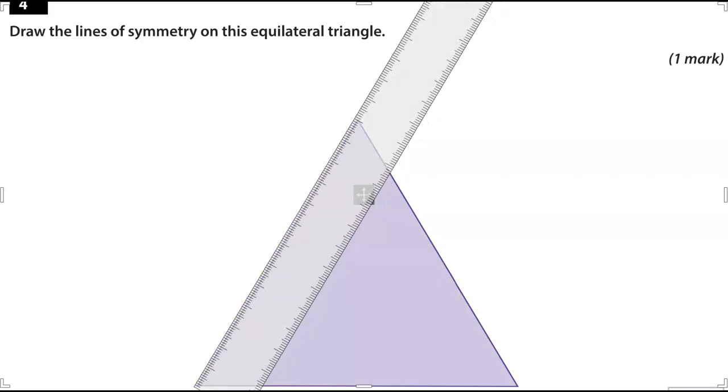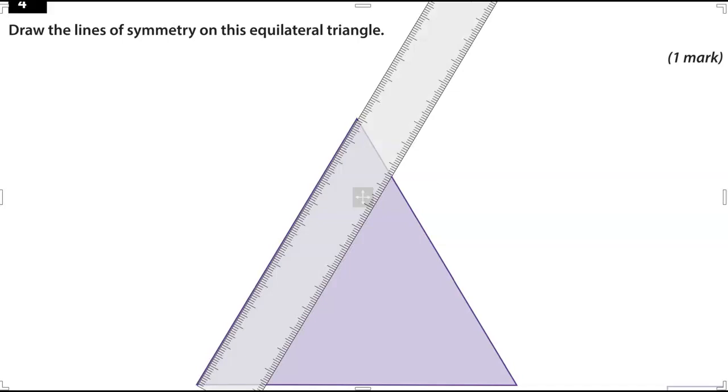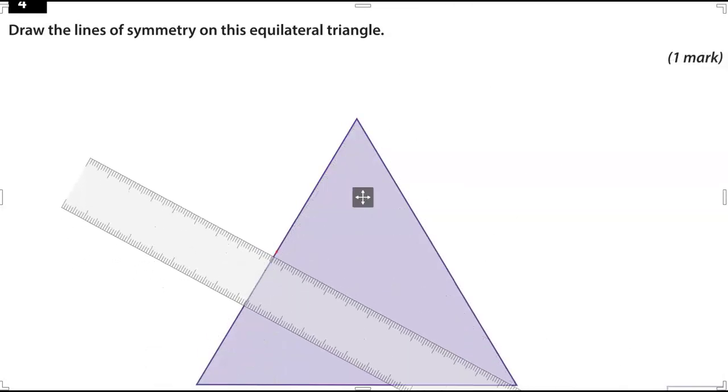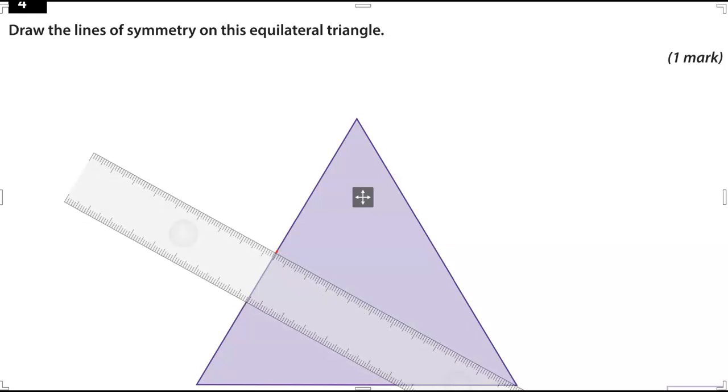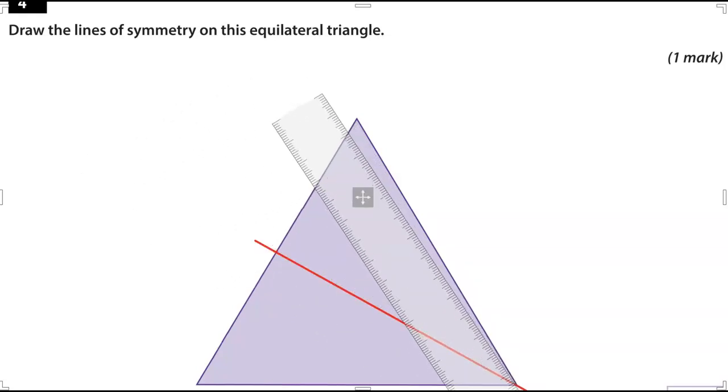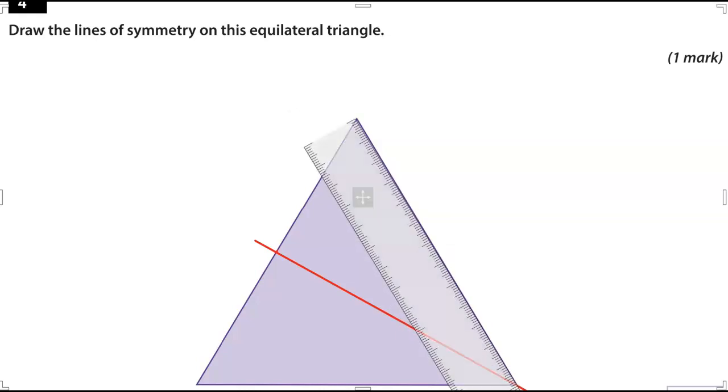So starting from 0, on my screen this is 13 centimeters, so I'm going to go to 1, 2, 3, 4, 5, 6.5, because that would be halfway through. Drawing the line of symmetry and repeating the process with the other two sides. So 1, 2, 3, 4, 5, 6.5.